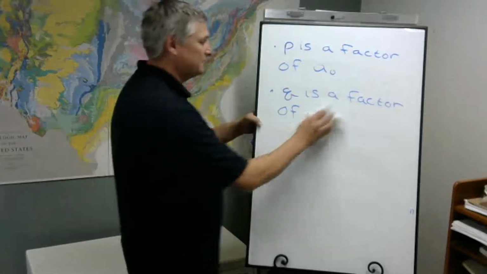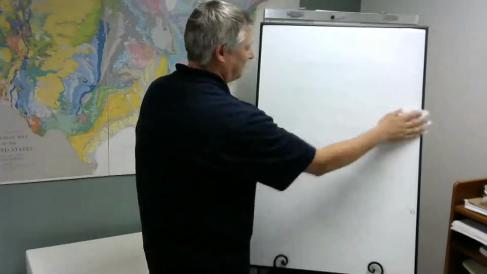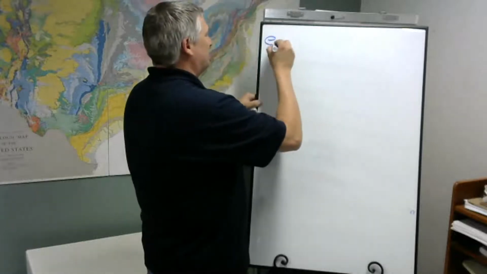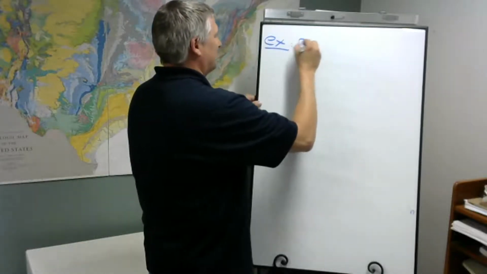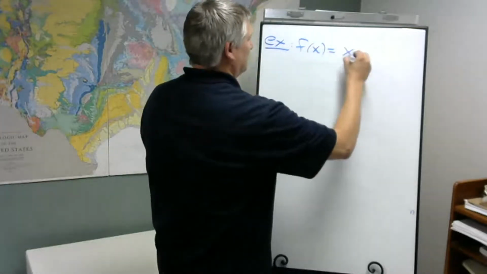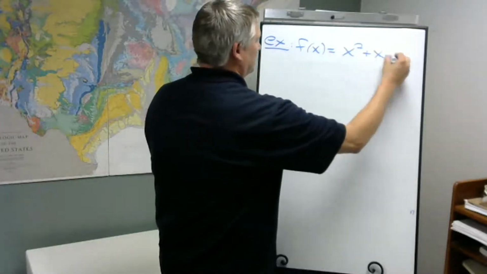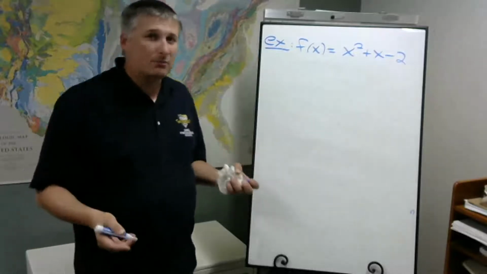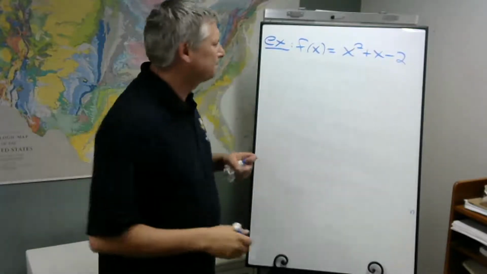So let's take a look. Let's look at an example. So let's say we have this. Now this is something we could factor using guess and check, but let's use it just to see how the rational zeros theorem works.